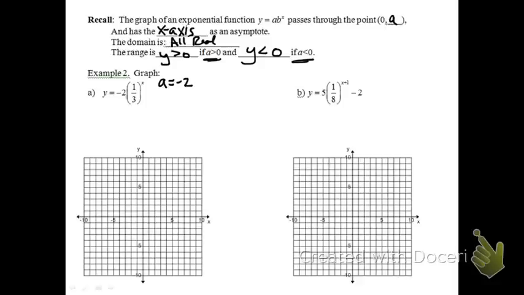Hopefully you recall this, if your A value is negative, if it's less than 0, this is actually neither growth nor decay. And because our base is 1/3, which is between 0 and 1, this is like a decay model, which we have an image of in our head. However, whenever your A value is negative, it's going to be a reflection of that graph over the x-axis.